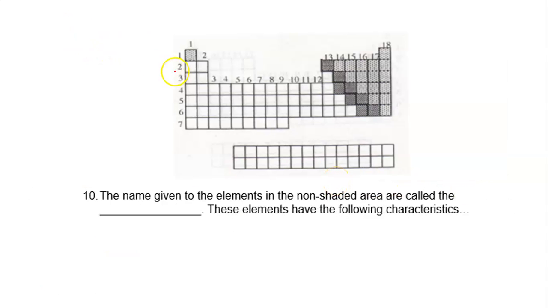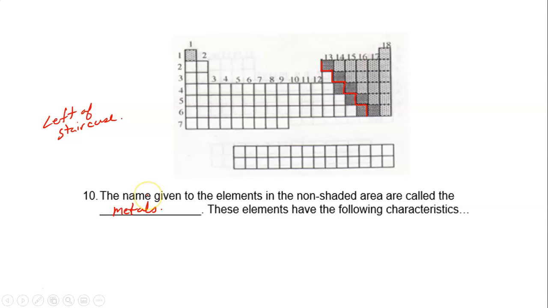Now, we talked about hydrogen. Really, we've got this thing that we call a staircase. Now the elements in the non-shaded area left of the staircase, these are known as the metals.